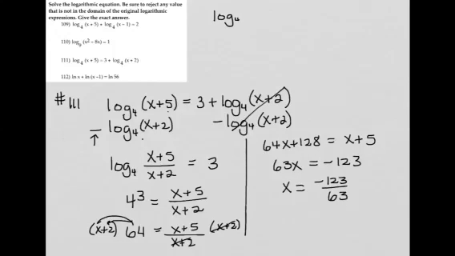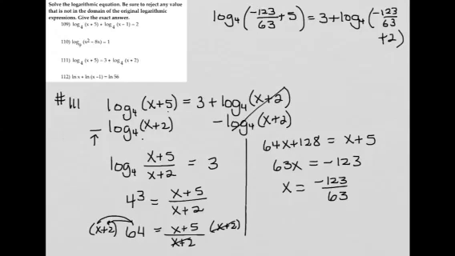So I'm checking my solution, and I have the log base 4 of negative 123 over 63 plus 5 equals 3 plus the log base 4 of negative 123 over 63 plus 2.